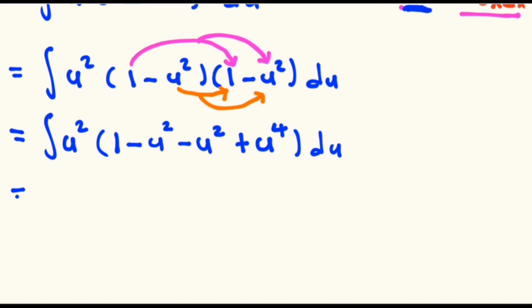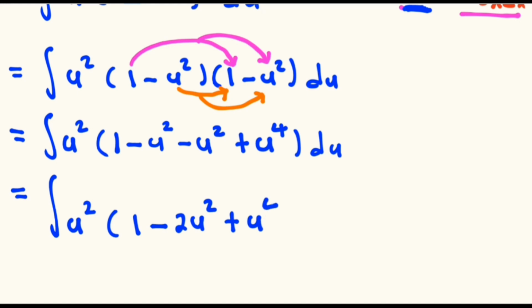and this will be equal to the integral of u squared into 1 minus u squared will be equal to negative 2u squared plus u raised to the power 4 du.